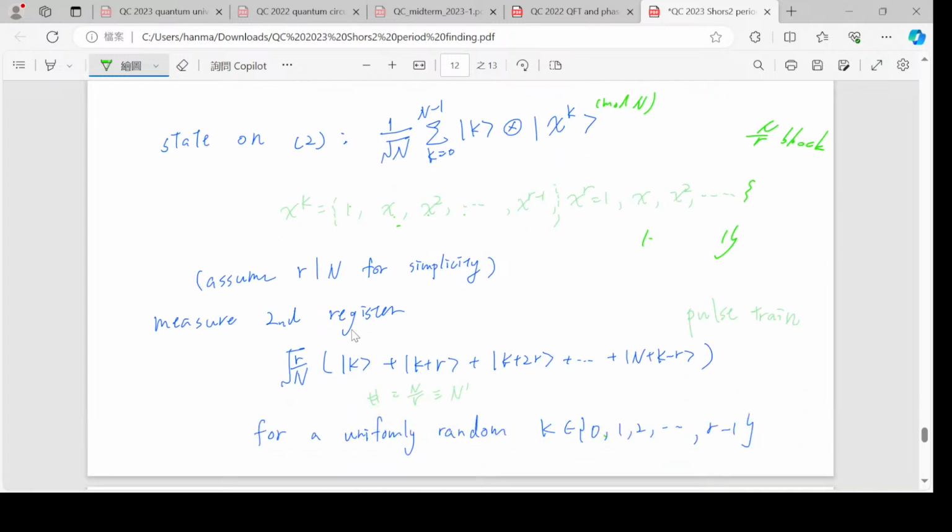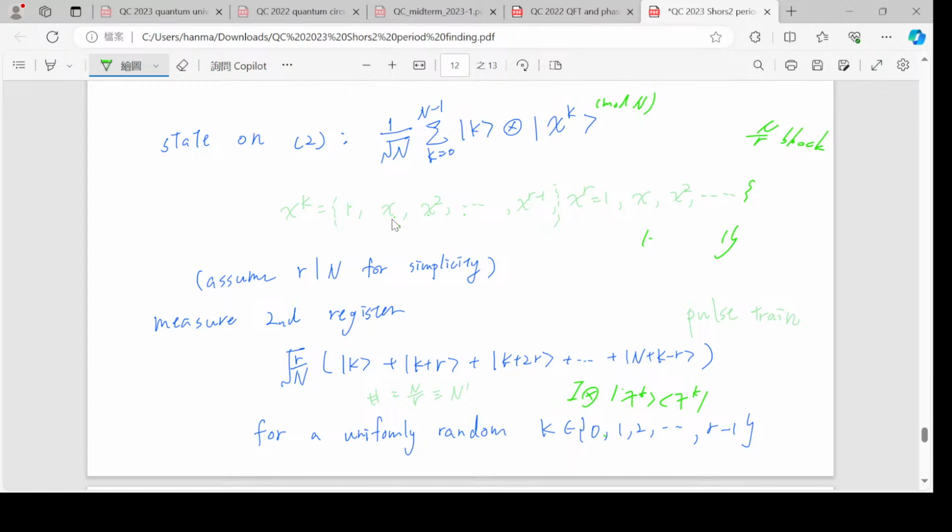But what will be your first register? Basically you do the projection, I times x to the k, x to the k, so you project the second register to x to the k. Your first register will be everything that gives you x to the k on the second register.